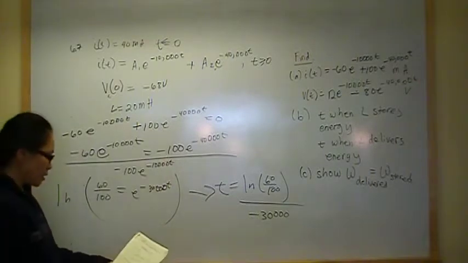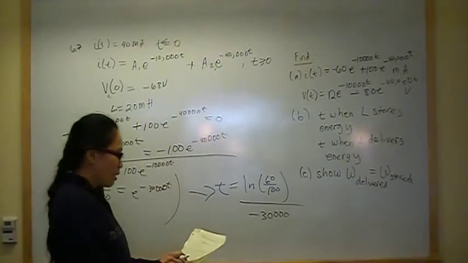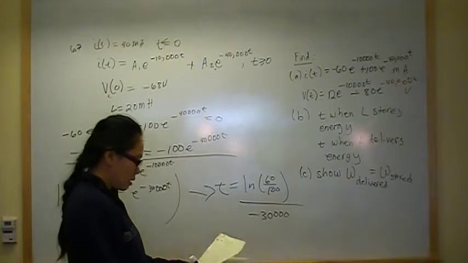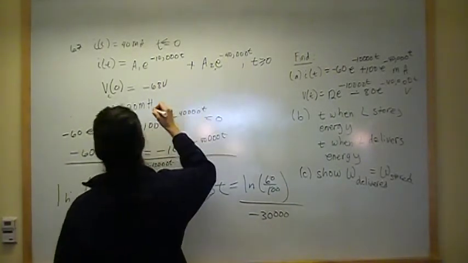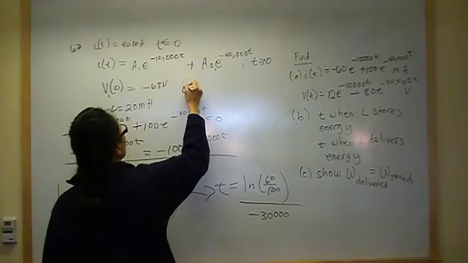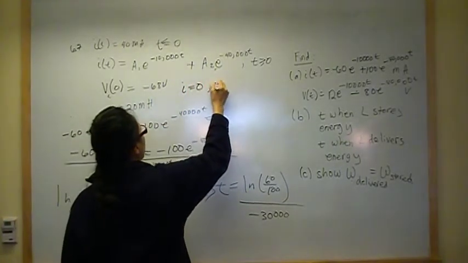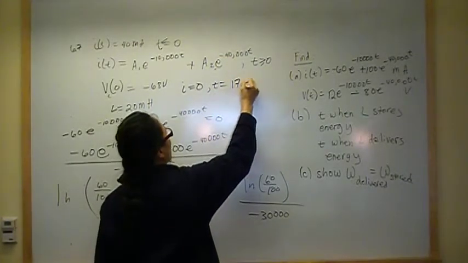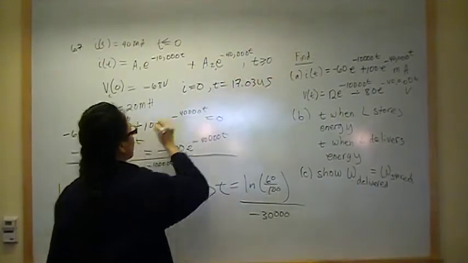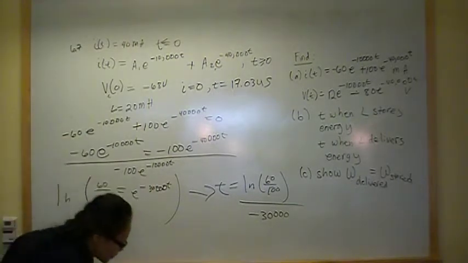So that T works out to be, so I is equal to 0 when T is 17.03 microseconds. Okay? That's when I is equal to 0.